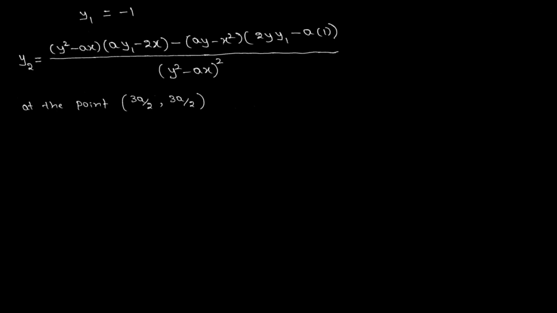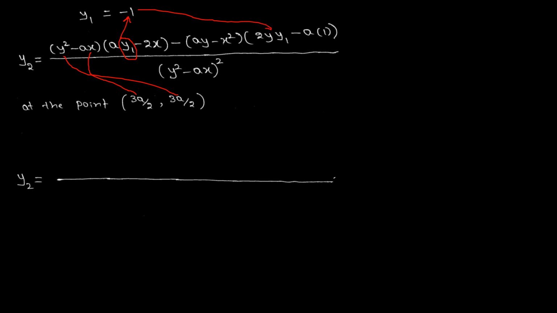Now we need to find the value of y2 at this point. Let us substitute in the places of x 3a by 2, in the places of y 3a by 2, and wherever y1 is there, we put minus 1 here, because we know the value of y1 is minus 1 at the given point.